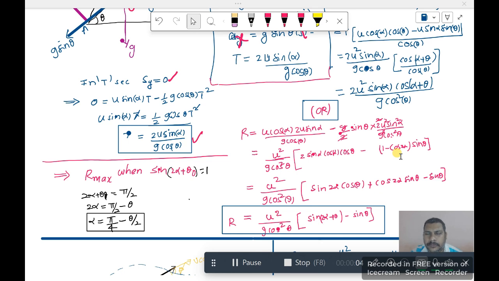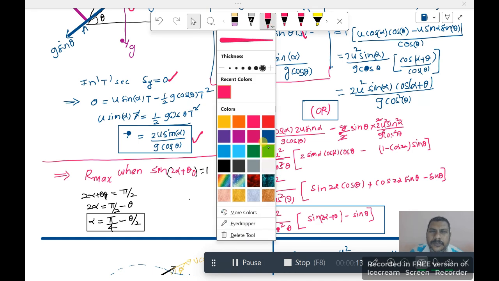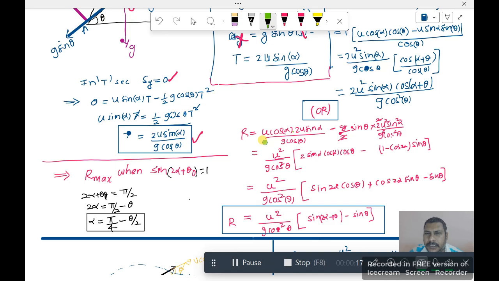So u square by g cos square theta I take common. Here g cos theta only is there, but here I am taking g cos square theta common. Then cos theta will come up, and cos alpha sin alpha is already there, u square taken common, 2 sin alpha cos alpha cos theta minus, here g square, the g gets cancelled, and cos square theta is also taken, remaining u square also taken common.